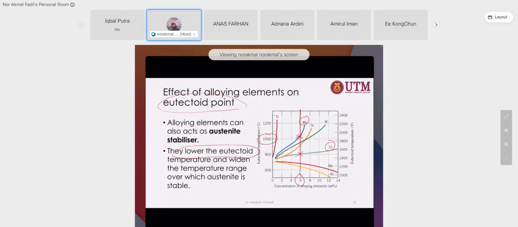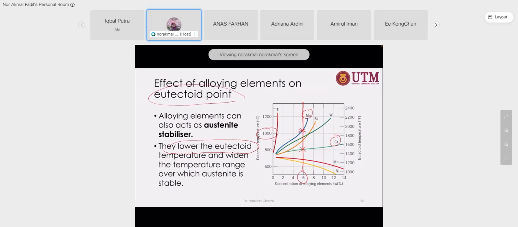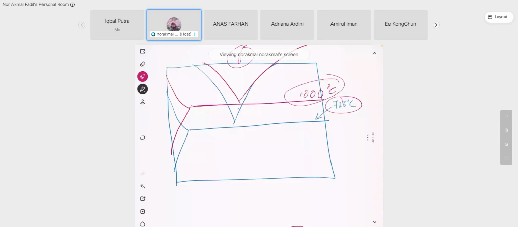For example, if you want to make sure it is stable at high temperature, choose molybdenum. But if you require a lower eutectoid temperature, for example manganese, instead of the original 723, it now becomes 700 only. So the eutectoid temperature is reduced to 700, and you can have your austenite phase at lower temperature.